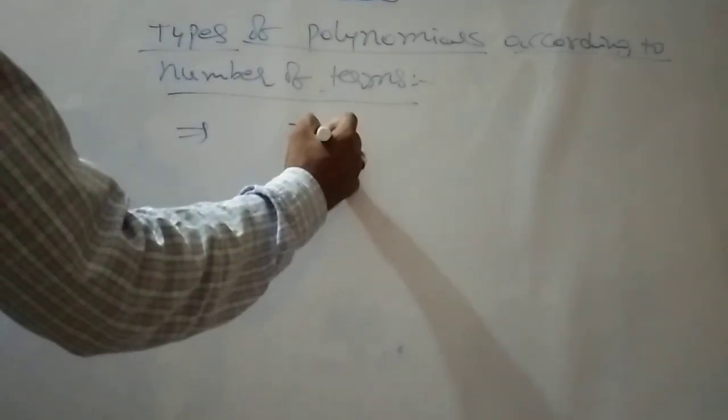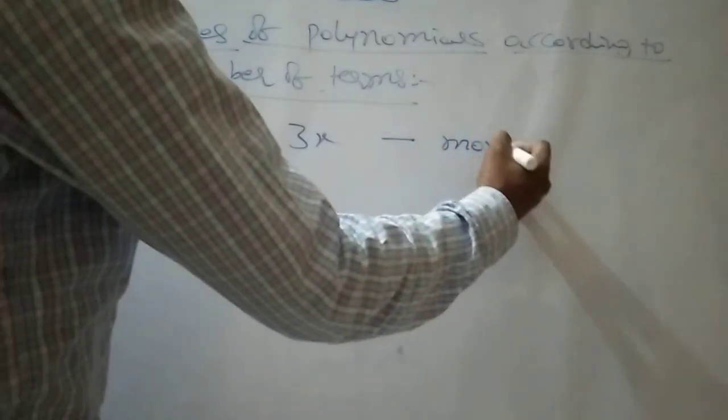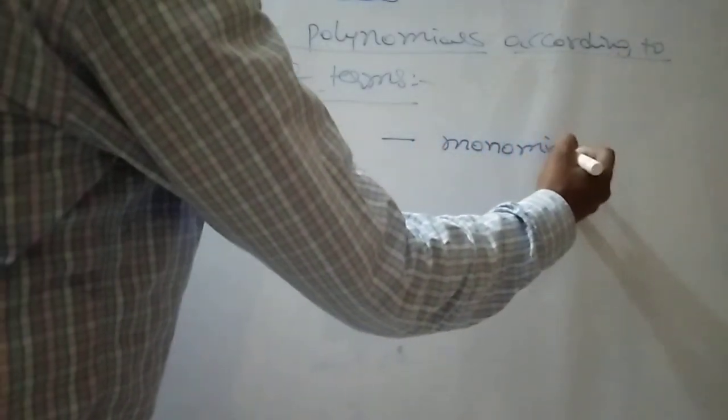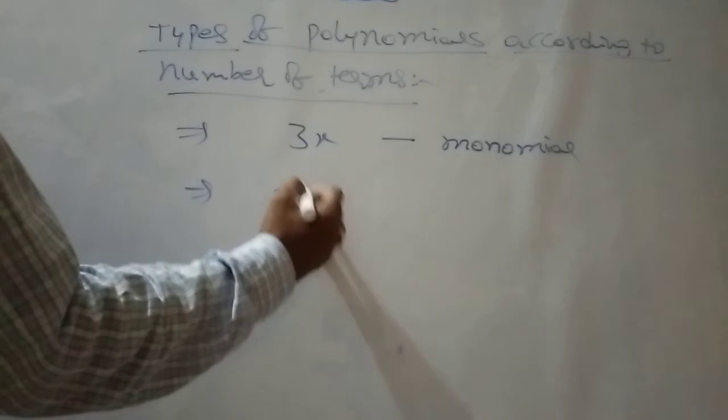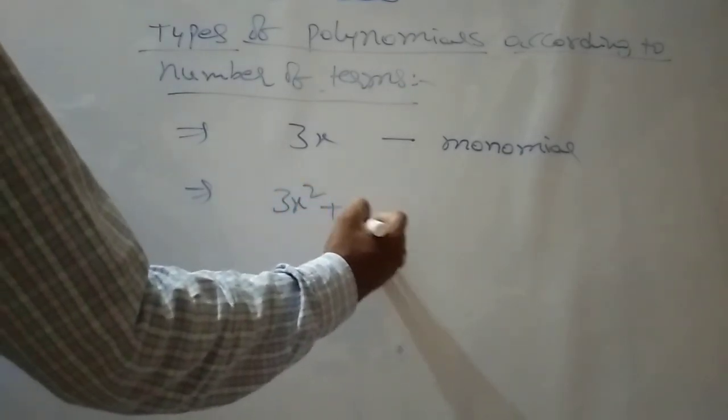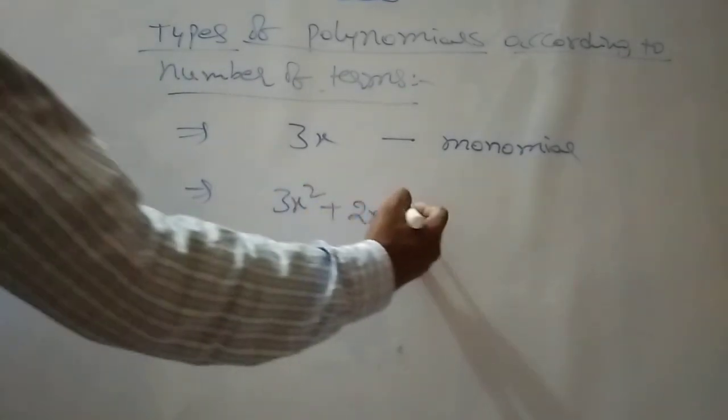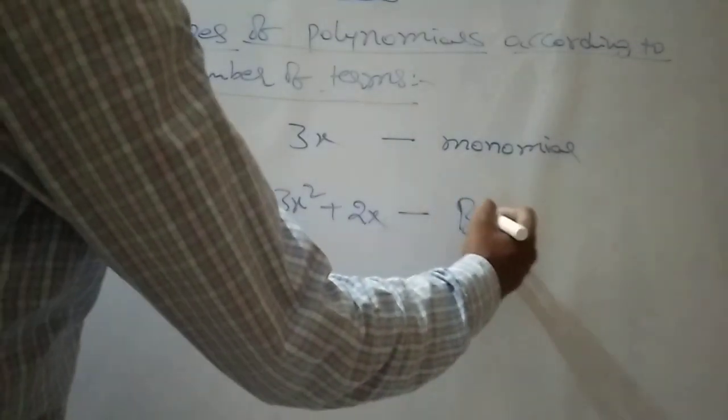If a polynomial has only one term, suppose 3x, this type of polynomial is called a monomial. If a polynomial has two terms, for example 3x square plus 2x, these are called binomials.